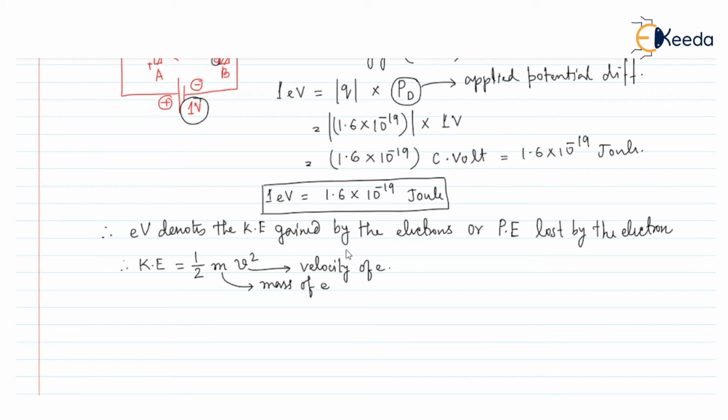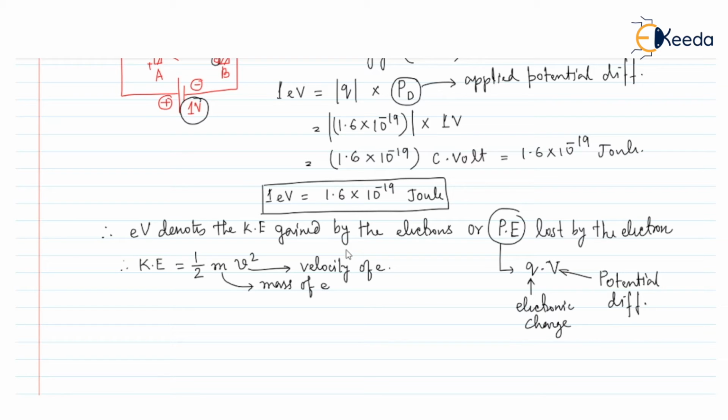Similarly, the potential energy that will be lost by the electron can be written as Q into V, where Q is the electronic charge and this V is the potential difference that we have applied.